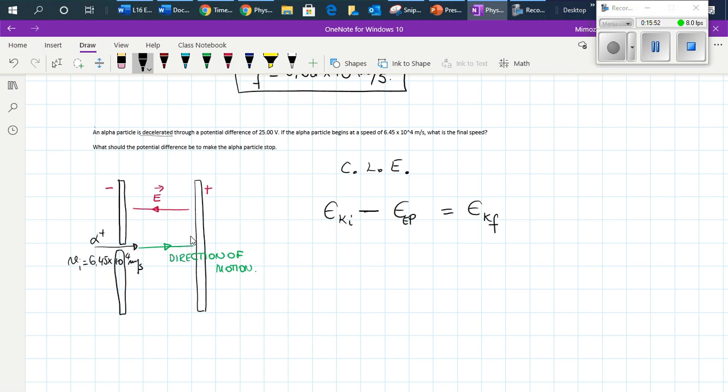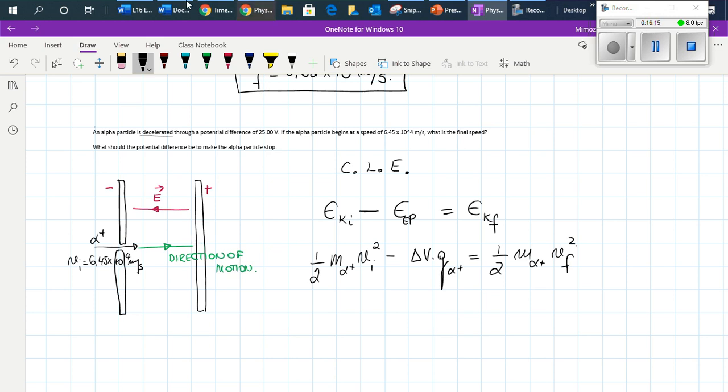This is how we write the conservation law of energy. We'll have 1/2 mass of alpha particle, initial velocity squared, minus delta V times charge of the alpha particle, equals 1/2 mass of the alpha particle, V final squared.